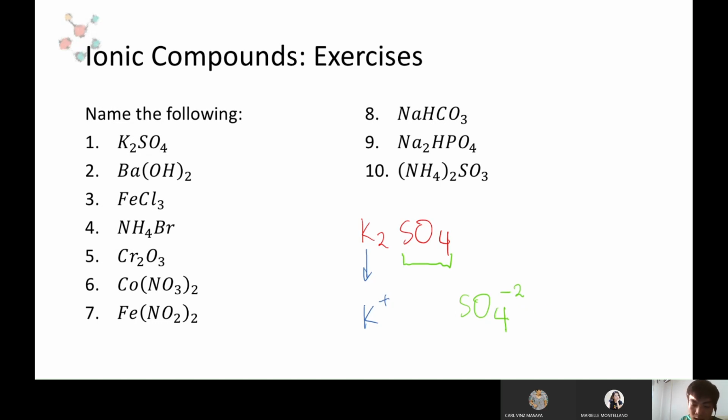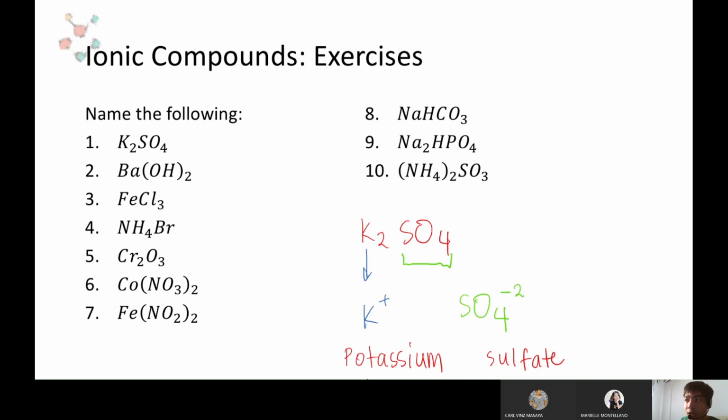So, ang pangalan ng K ay potassium ion. Or just simply, potassium. Ang name ng SO4, common oxyanion yan. So, kailangan kabisado nyo na. So, ang name niya ay sulfate. So, ano yung pangalan na itong formula na to?